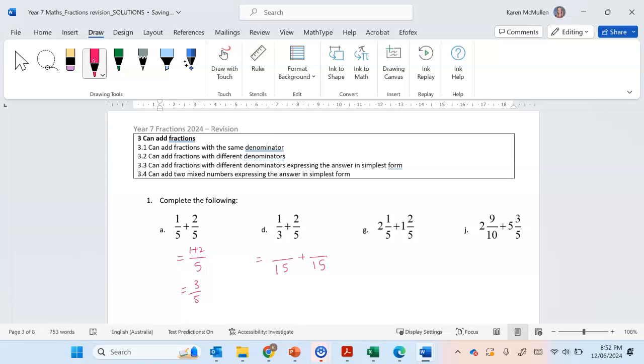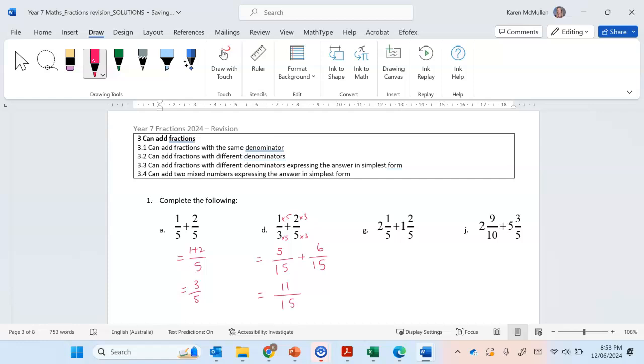Okay, so what did I do to the 3 to get to 15? I multiplied it by 5, so I have to do the same to the top. So 1/3 is the same as 5/15, and then I've got to do the same to the other one. So 2/5 is the same as 6/15. All right, adding them together, remember your denominator stays the same, and then we have 5 plus 6 on the top, which is 11.